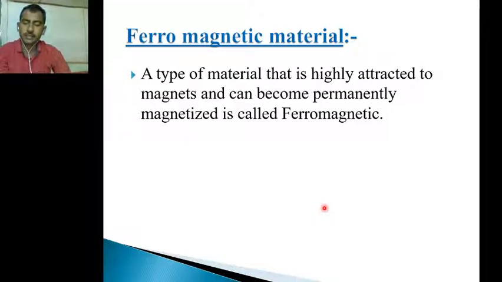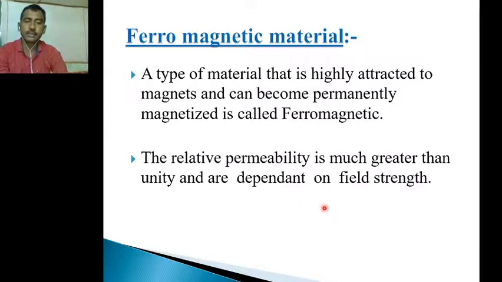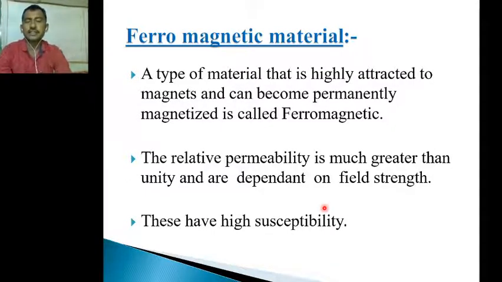This ferromagnetic material can be described with the help of relative permeability. For a ferromagnetic material, the relative permeability is much greater than 1. Similarly, ferromagnetic materials have high susceptibility.